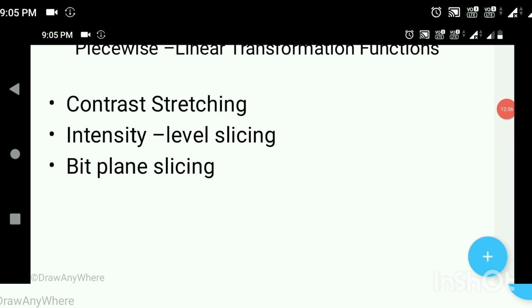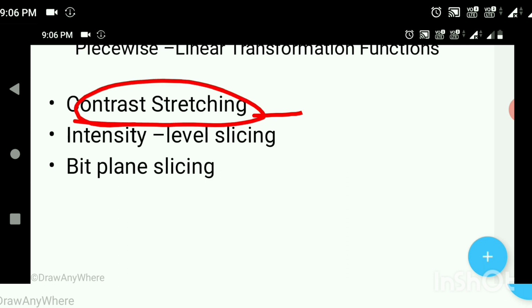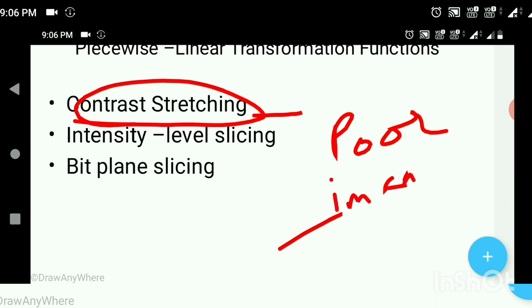One of the simplest piecewise linear functions is the contrast stretching transformation. A low contrast image can be the result of poor illumination, or lack of dynamic range in the image sensor, or even the setting of the lens aperture of the camera.